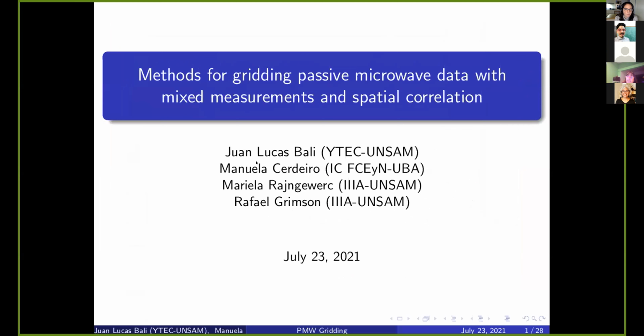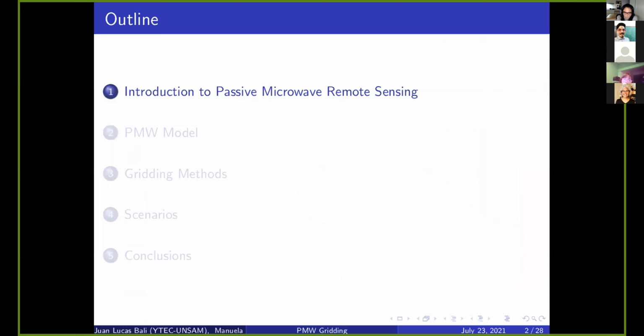Thank you very much. This is joint work between myself, Manuela Cerdeiro, Mariela Reifberg, and Rafael Grimson. We are going to do an application of inverse methods or image reconstruction to the problem of passive microwave remote sensing.